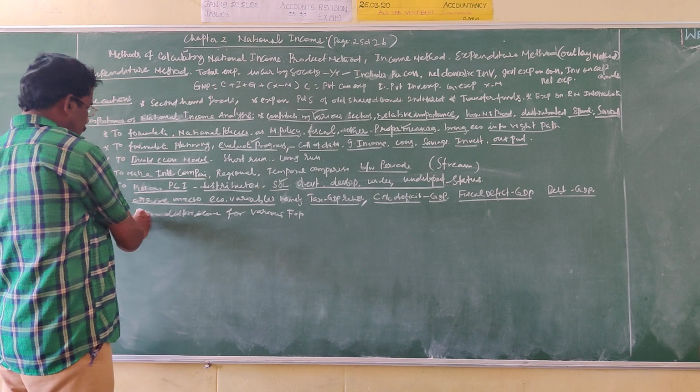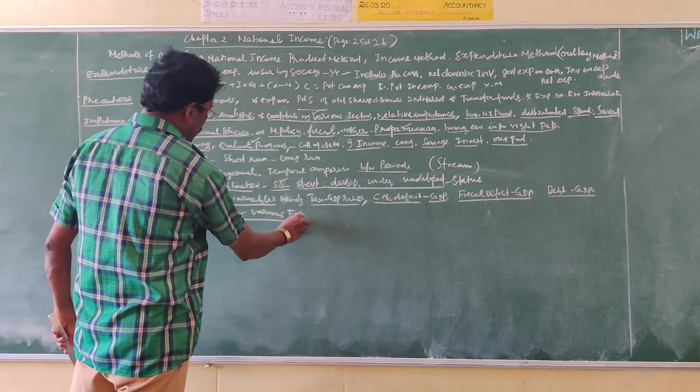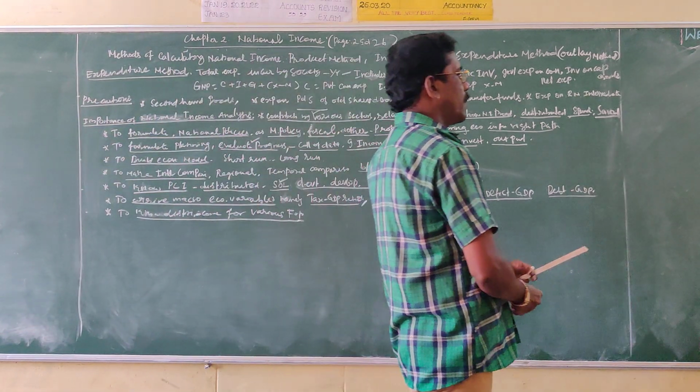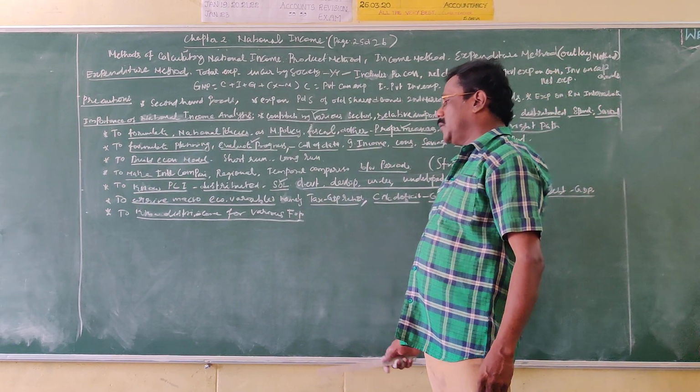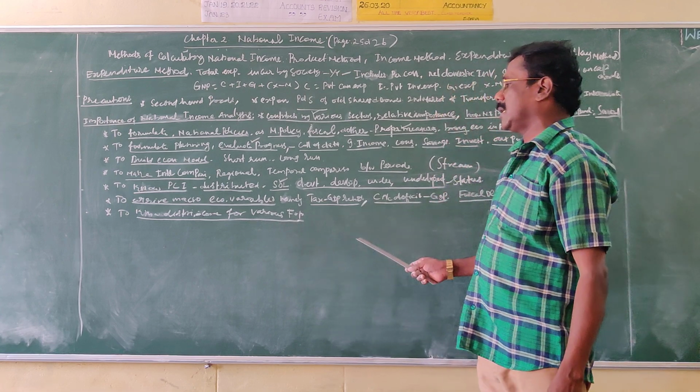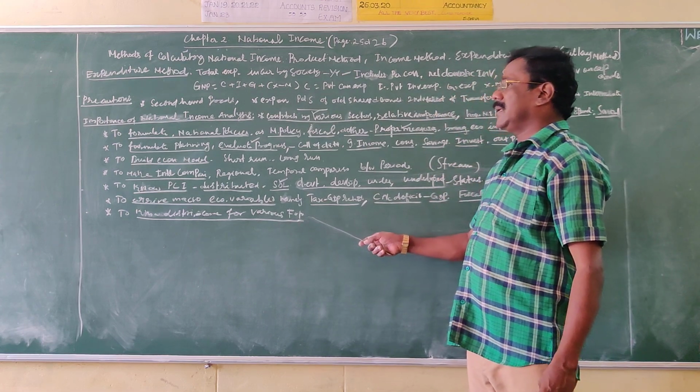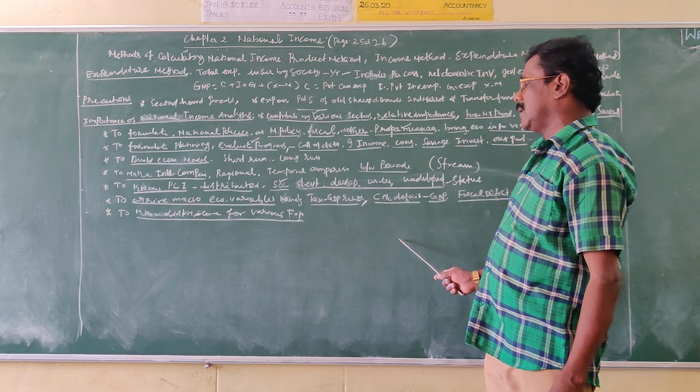And the last one is to know the distribution of income for various factors of production. Out of the national income, how much income is distributed to various factors of production, like land, labor, capital and organization.